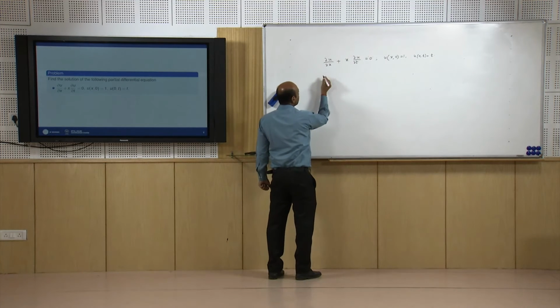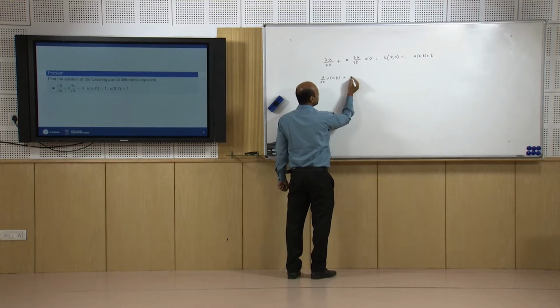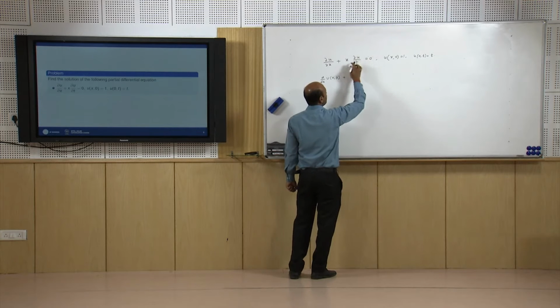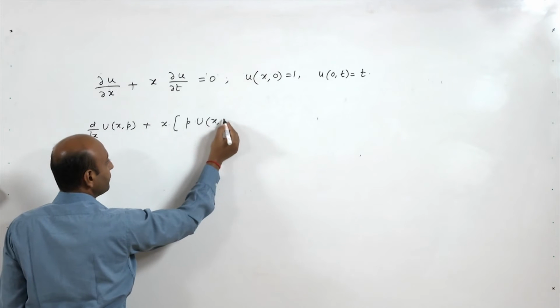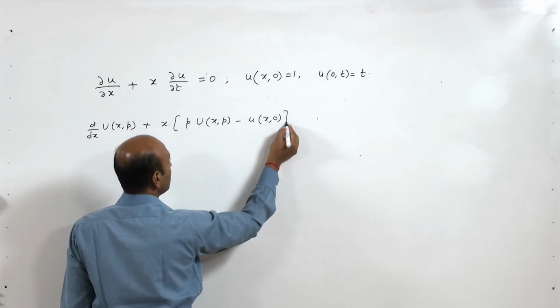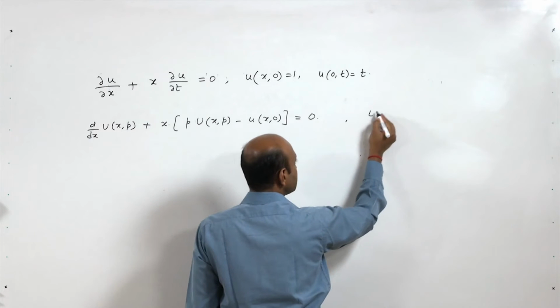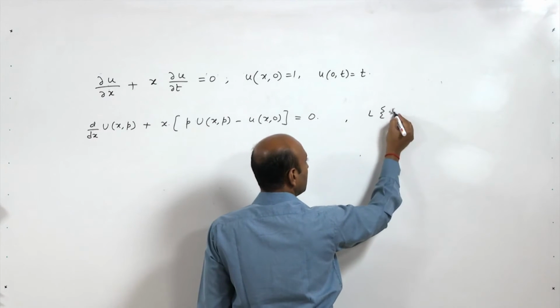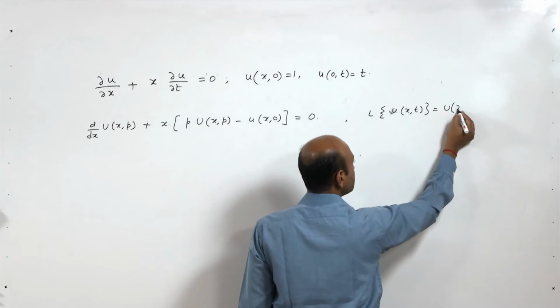So, this can be written as d by dx of the Laplace transform of u, which we are taking as U(x, p), and x times del u by del t is nothing but p U(x, p) minus u(x, 0), equals the Laplace transform of 0, which is 0. So, here the Laplace transform of u(x, t) I am taking as U(x, p).